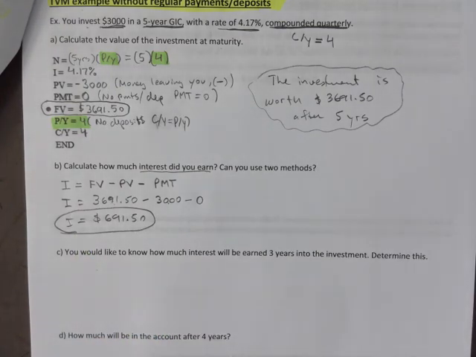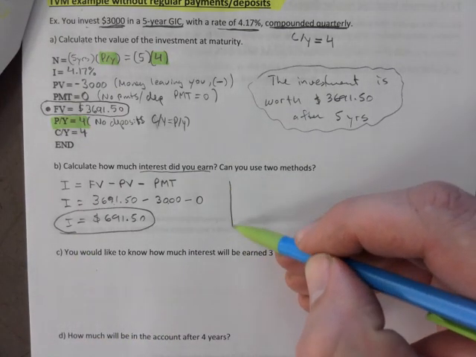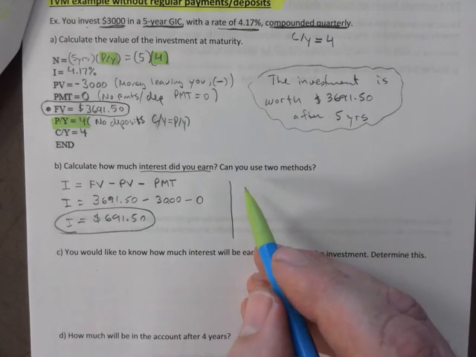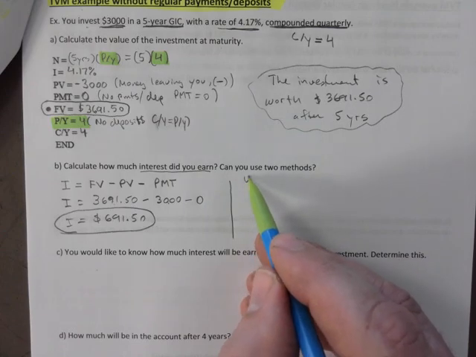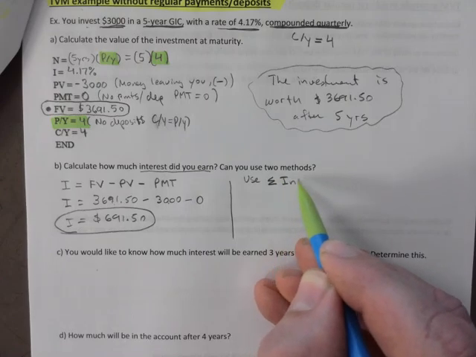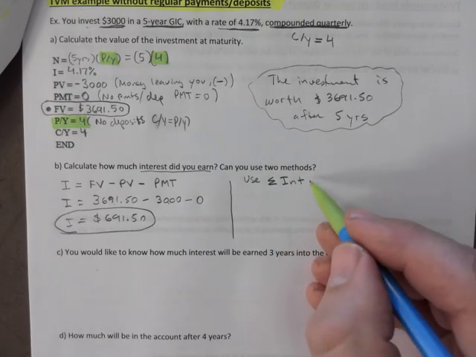And here's the one I'm mostly excited about, because I would like you to use this if at all possible. It saves you a lot of time. We're going to use this function, right? Use sum of interest. What is that?